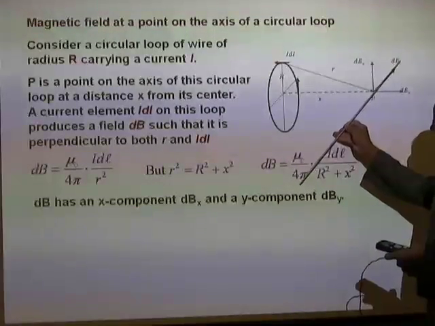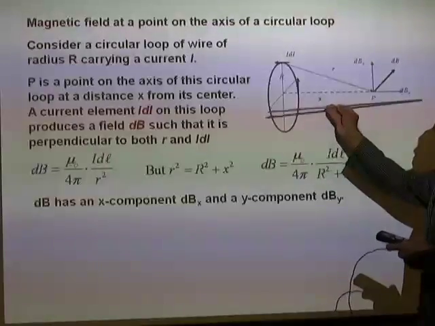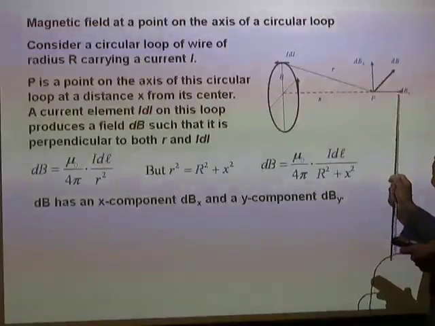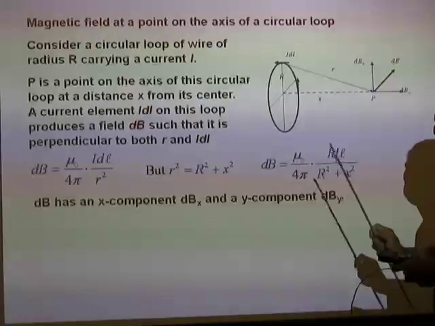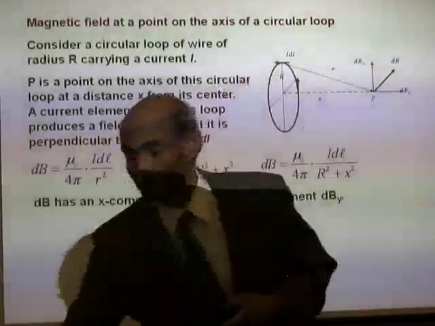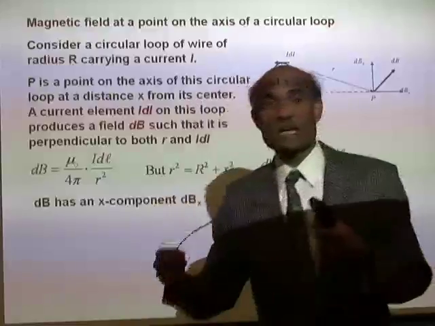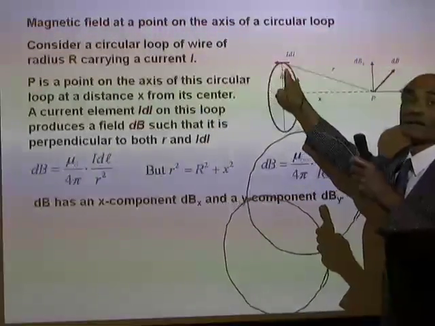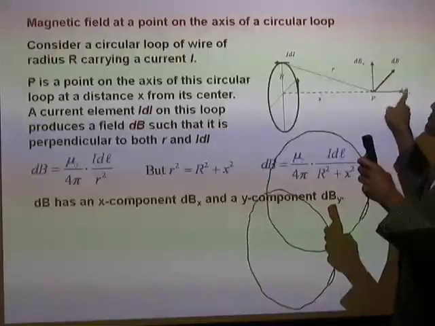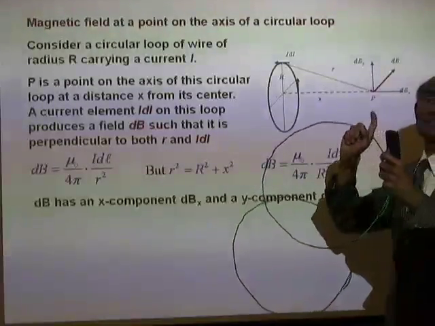Now that means dB has an x component which I call dBx and a y component dBy. When you take a current element on the top, that is what we have done, it has this x component and this y component.